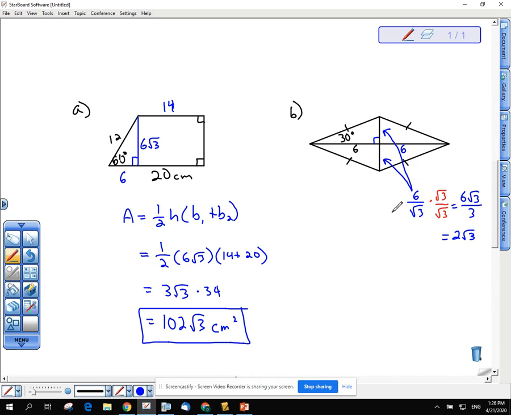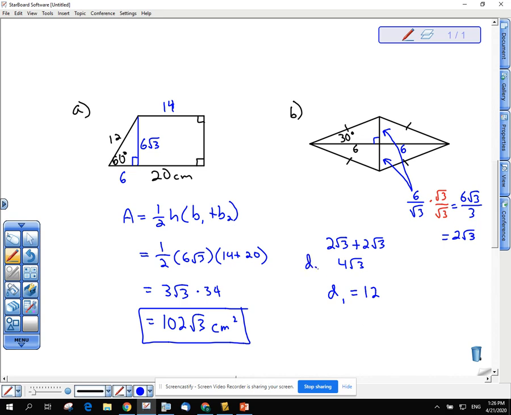Okay, now don't check out on this last part. Before I use the area formula, each of these lengths, like partial lengths of the diagonal, is 2 root 3. The whole length would be 2 root 3 plus 2 root 3, which is 4 root 3. So as I pull into the area formula, one of the diagonals is 12, 6 plus 6.